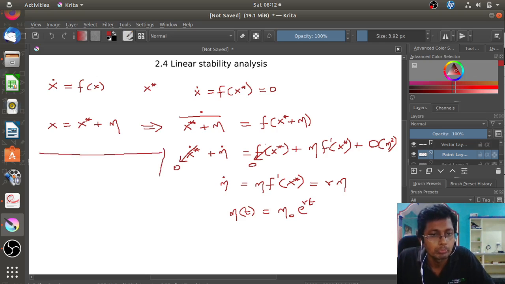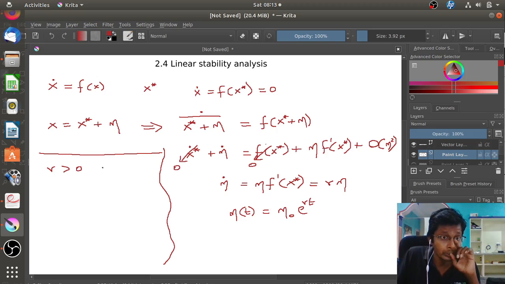is, if r is greater than 0, then eta will keep on increasing, which means the deviation keeps on increasing, so it's unstable.